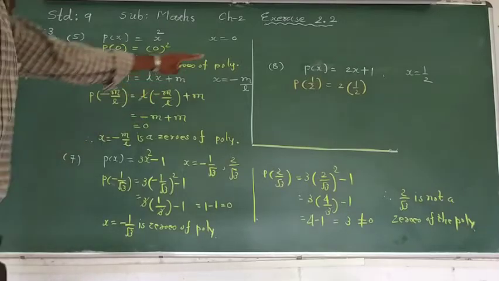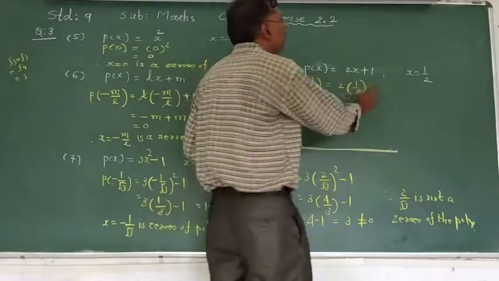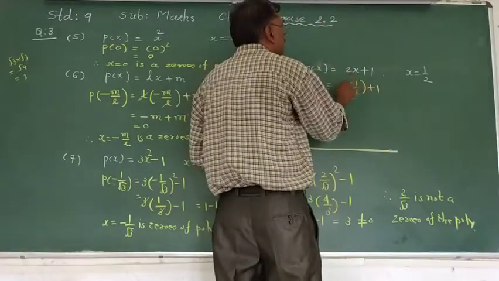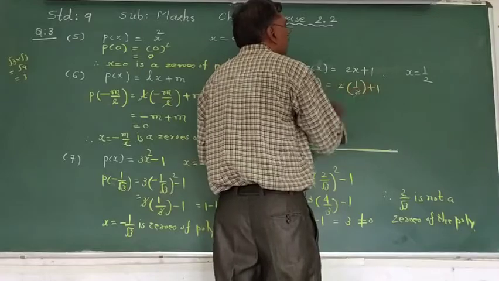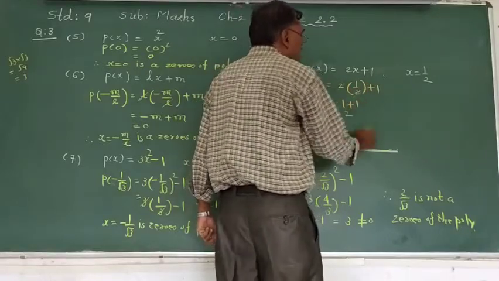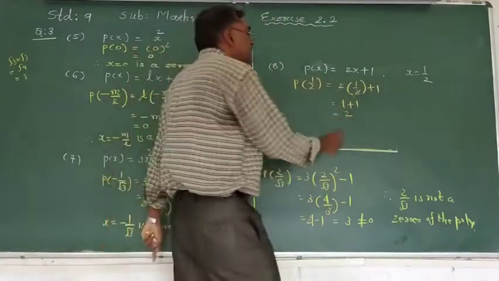Okay, the value is given, right? 2x equal to 2 times 1 upon 2 plus 1. So these 2s will be cut. What do we have now? 1 plus 1, which equals 2. What we obtain here is 2, but not 0. It is not 0.